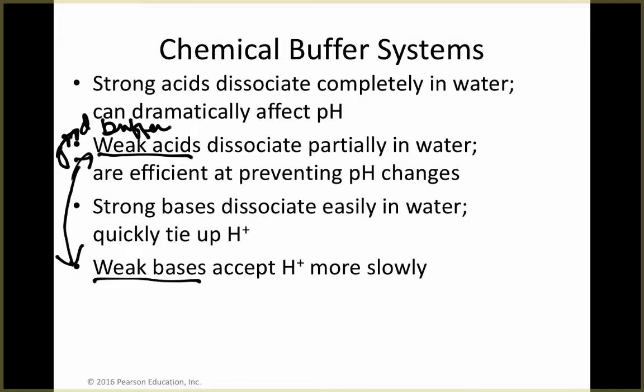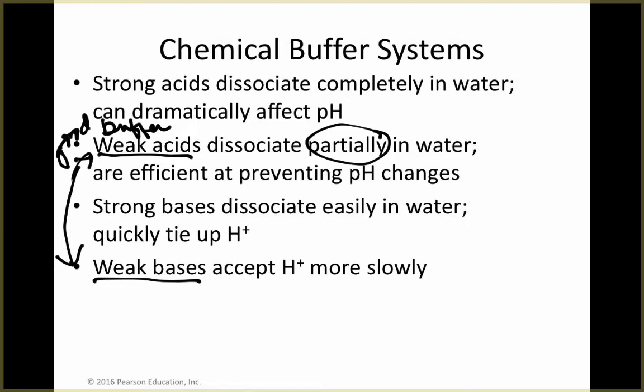The same thing in a strong base. It completely associates, so it's going to be able to tie up all the hydrogens that come out. So that's going to be on the opposite end. If you're trying to make sure that a pH isn't changing a lot, you don't want something that can drastically change your pH. Thus, the reason why buffers are good if they're weak acids and weak bases. It means they only partially dissociate in water, right?